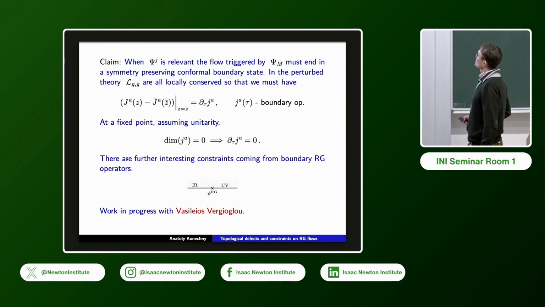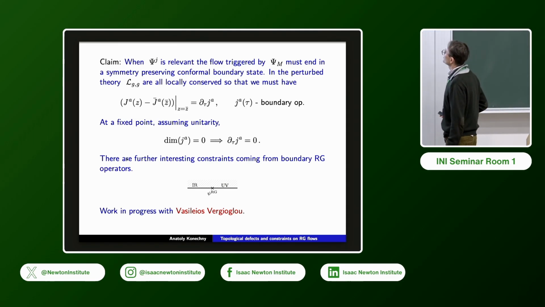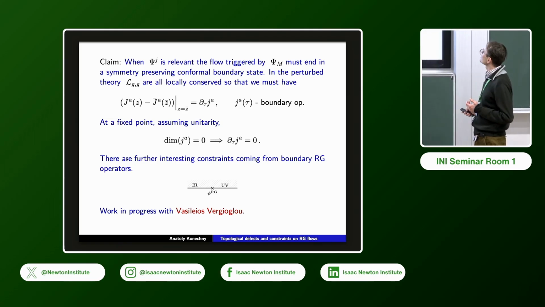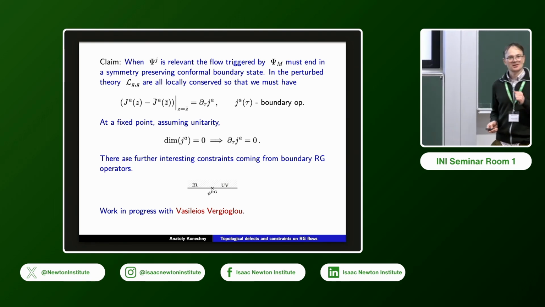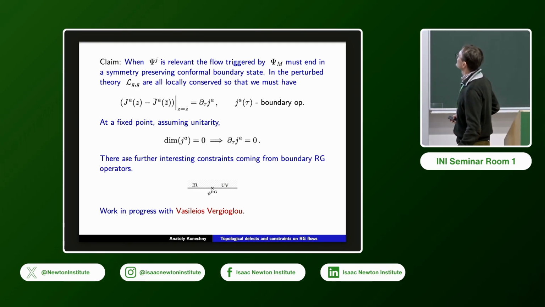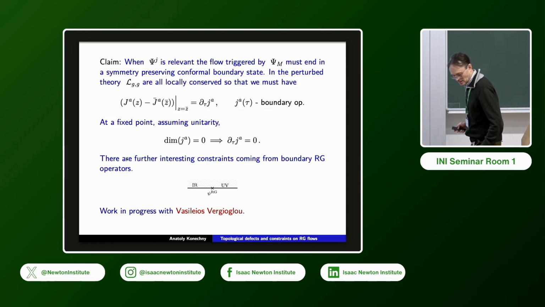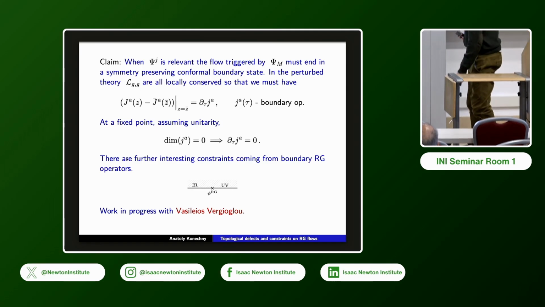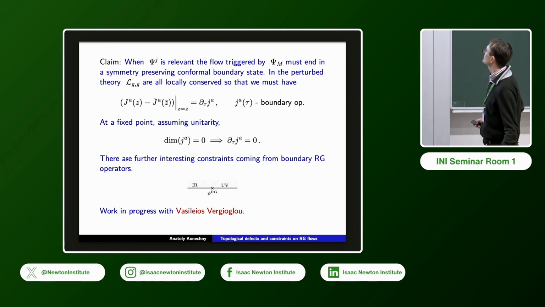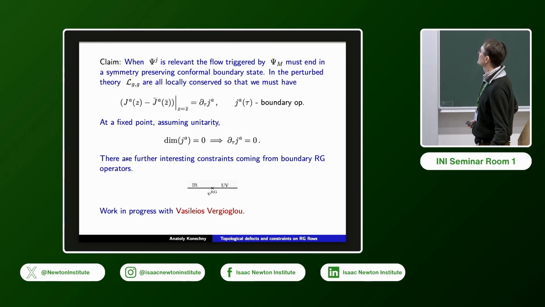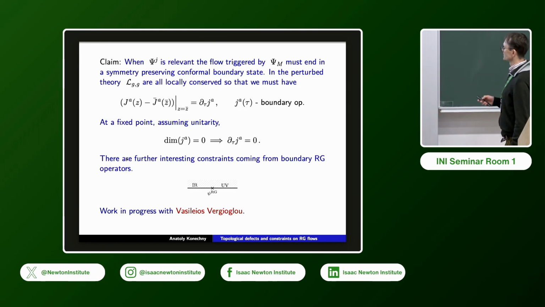And you can play with this more, with this kind of flows. For example, you can look at the analogs of the RG interfaces here, which will be some special BCCs, of which many people talked, Eric and Masashi here. After the RG flow, which starts from some UV conformal boundary condition, you always flow to some non-trivial infrared boundary condition, and that gives us a particular boundary condition changing operator, which you can call an RG operator.